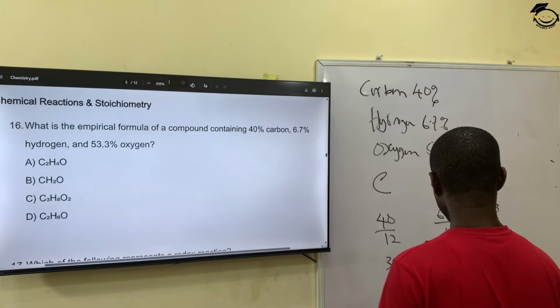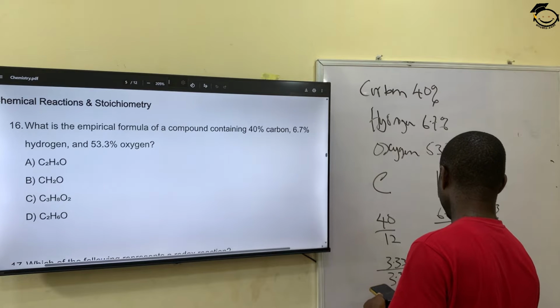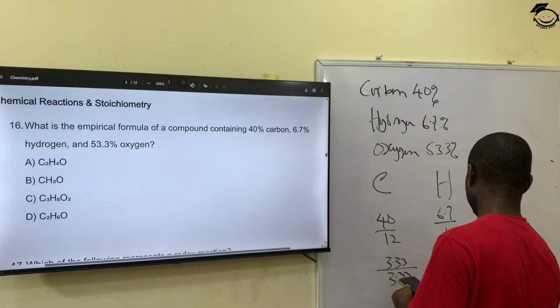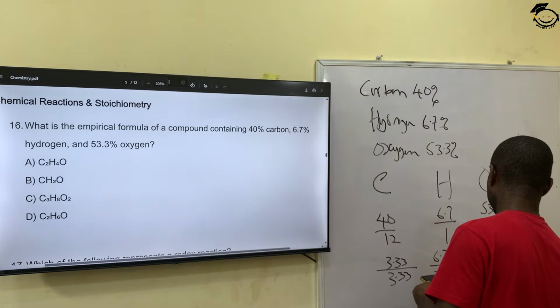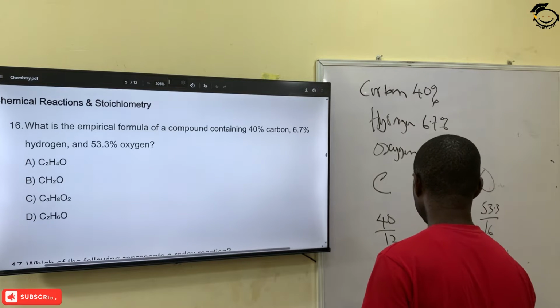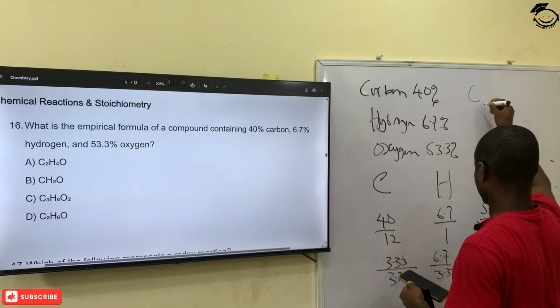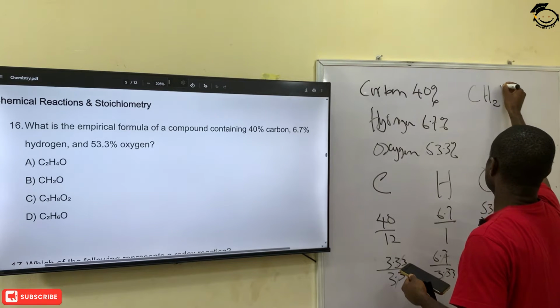All right. Dividing all through by the smallest value, 3.33, this one gives us 1, this gives you 2, this gives you 1. So the empirical formula therefore becomes CH2O.